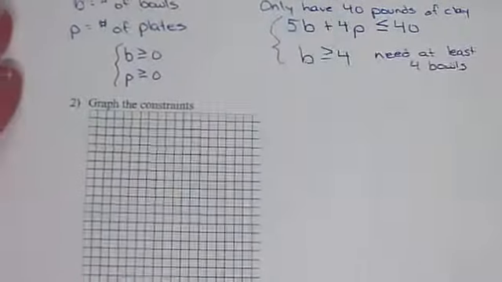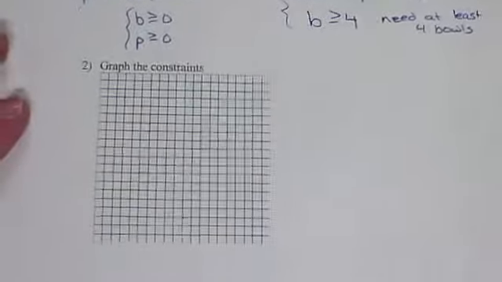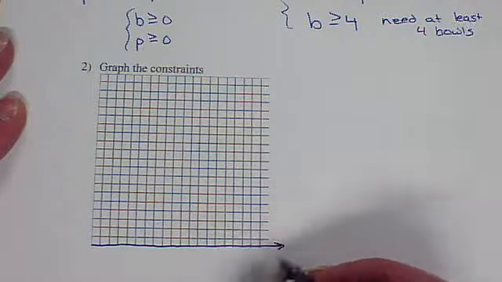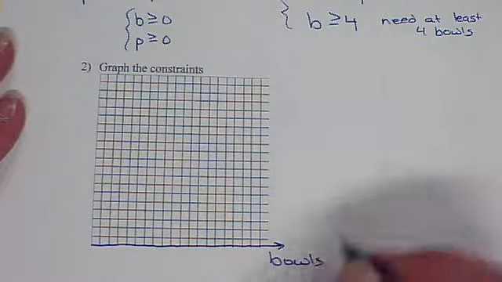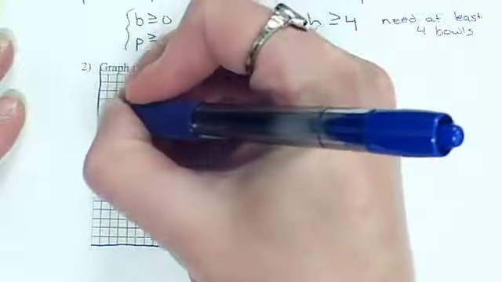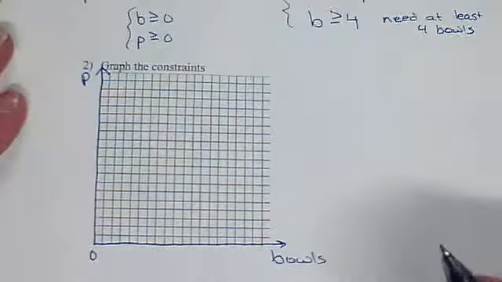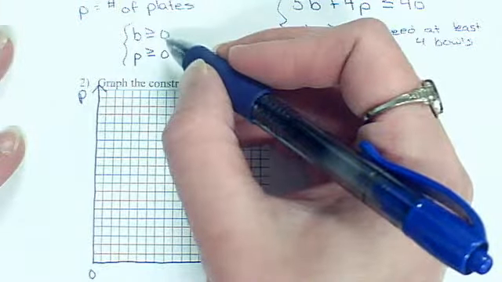Now on my graph, let's make the x-axis be B for bowls. And I'll make the y-axis P. Now, I'm starting mine at 0 because I know this constraint is that I need to make sure everything is positive.